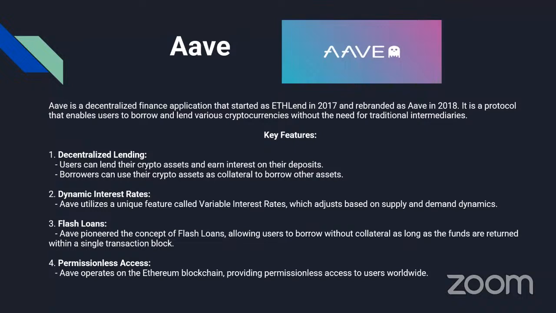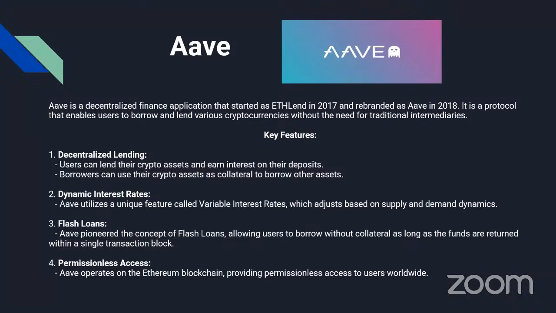And you yourself can also go to a platform like Aave and borrow cryptocurrency, but it's not that easy. For instance, if you want to borrow 100 USDT from Aave, you need to have 120 USDT. It's funny, right? But it's just the way they do it.